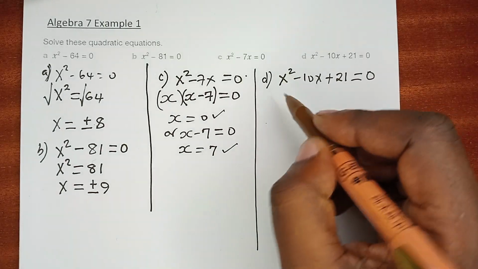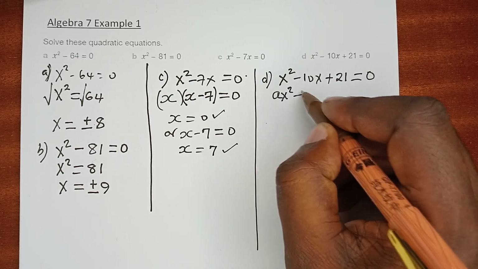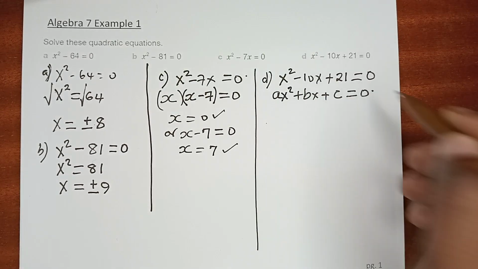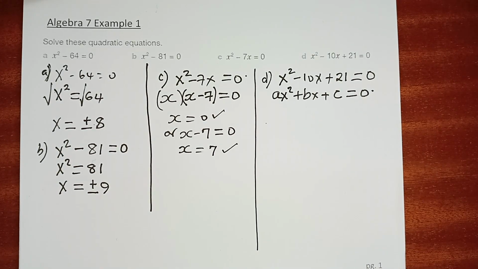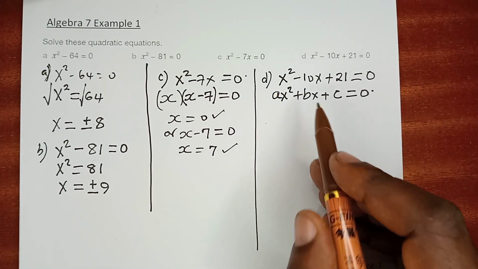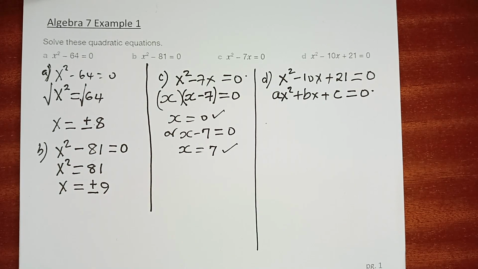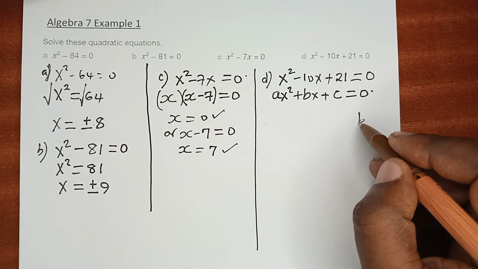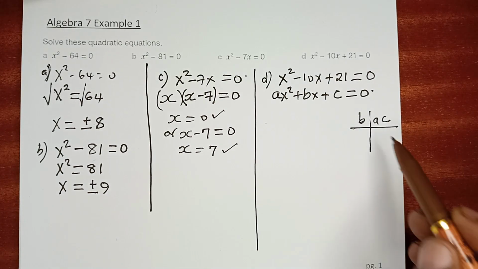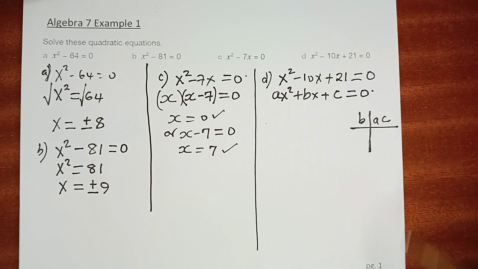As we know, we have a general quadratic equation in terms of ax squared plus bx plus c is equal to 0. This is the general form of a quadratic equation. And in our case, we can see a is 1, b is minus 10, and c is 21. There is what I call the BAC approach. B alone, AC as a product, I call it the BAC approach.